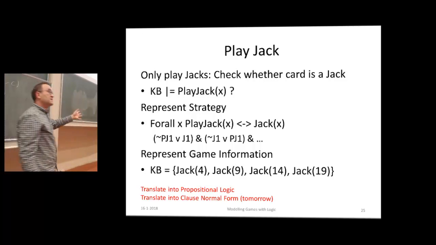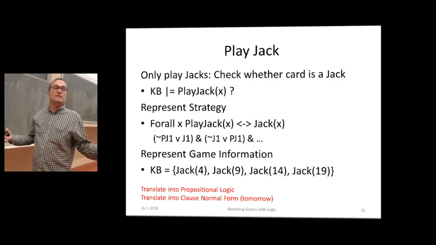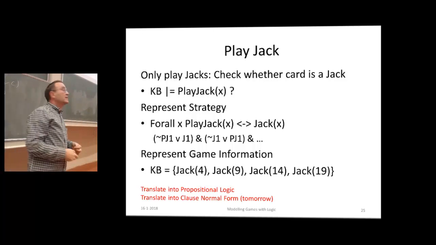So all this representation does is basically, this is my rule: should I apply the play jack strategy on the card X? And I should do that if something is a jack, because by definition this is all we need for the strategy.